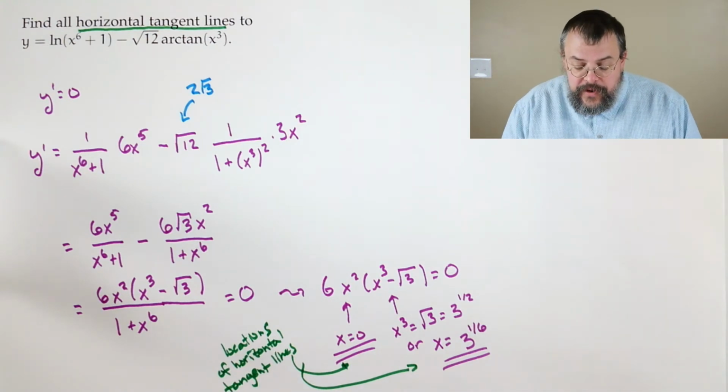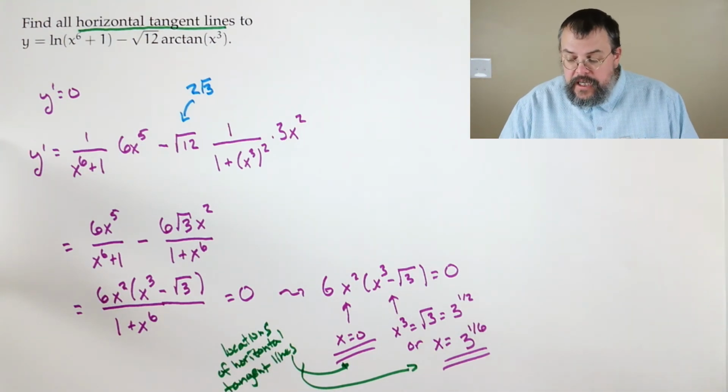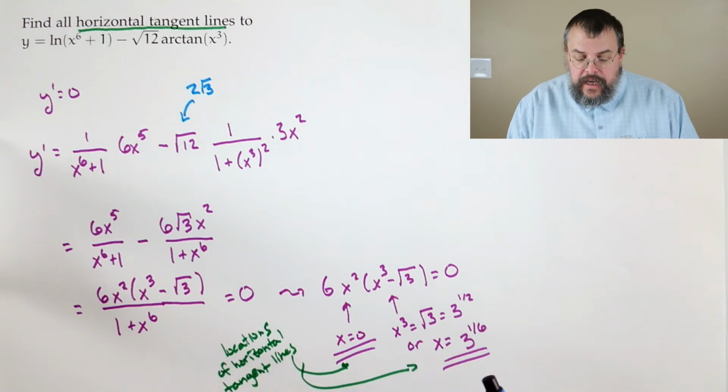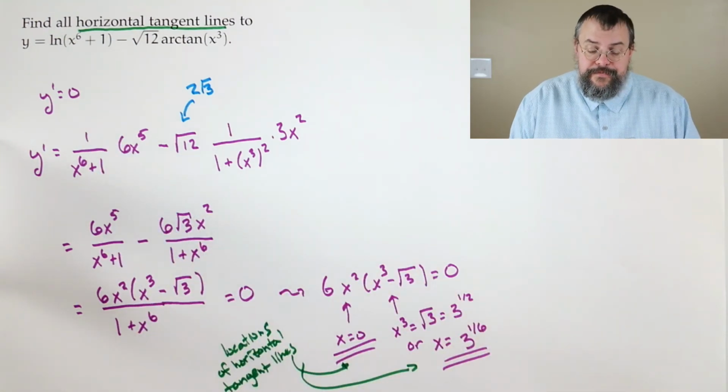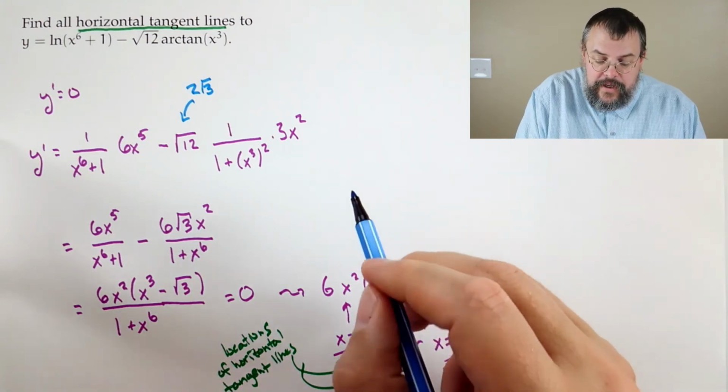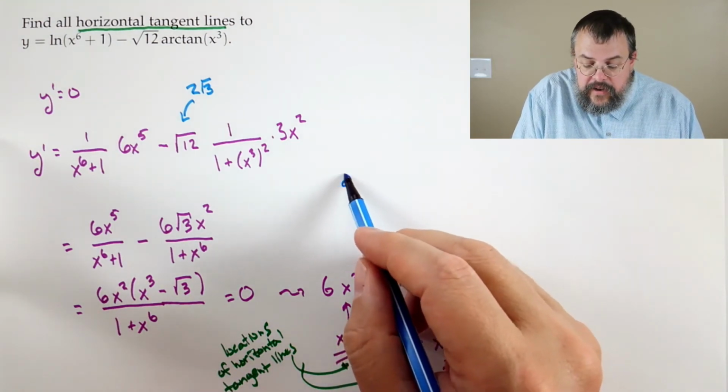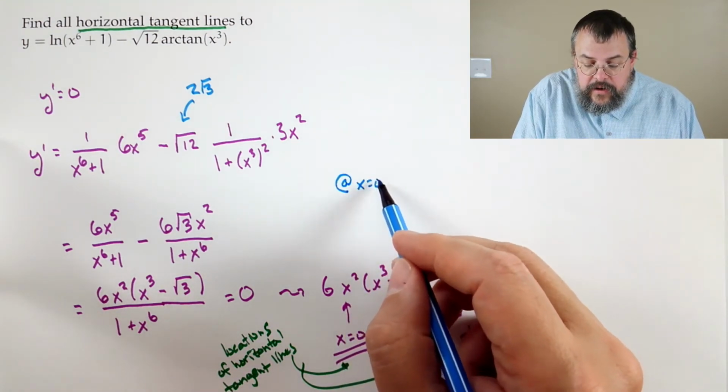So to finish off, we need to plug in 0 and the 6th root of 3 back into our function. So let's see what happens. At x equals 0, what do we get?